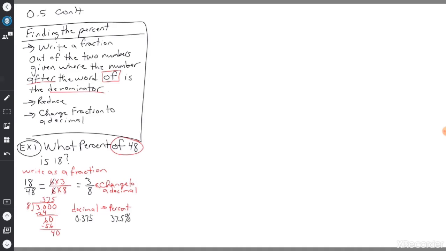So 37.5%. So we're asked what percent of 48 is 18? The percent is 37.5%.